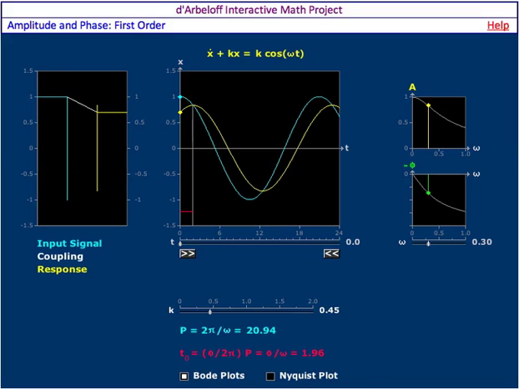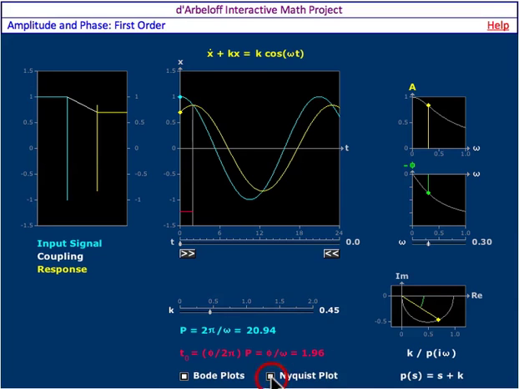There's one more checkbox to explore called Nyquist plot here. Let's click it and see what happens. This opens a window at the bottom here which records a complex number. That complex number contains a magnitude and an angle, and the magnitude is the amplitude of the system response, and the angle represents the phase lag of the system response.